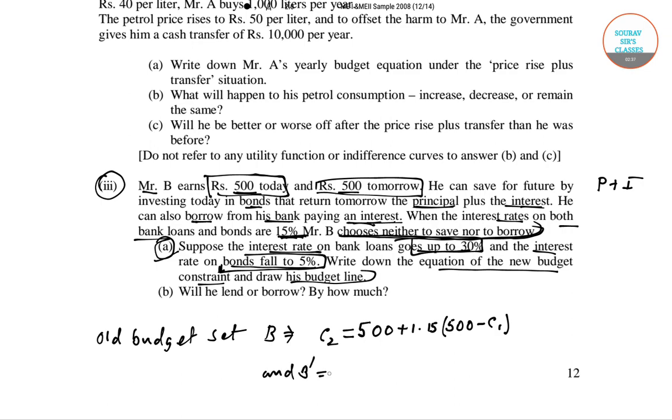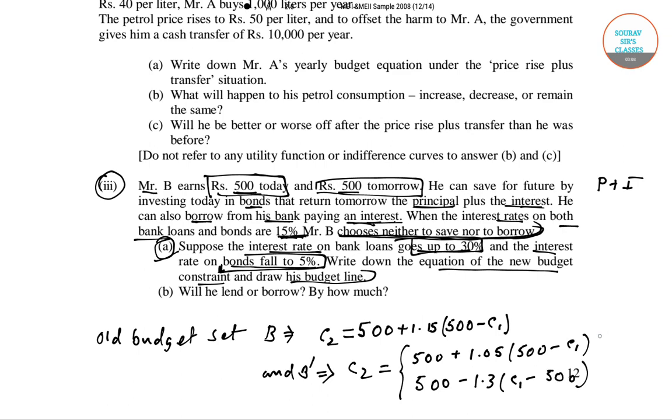And for B dash it will be C2 equals 500 plus 1.05 times (500 minus C1) when C1 is less than 500, and C2 equals 500 minus 1.3 times (C1 minus 500) when C1 is greater than or equal to 500.